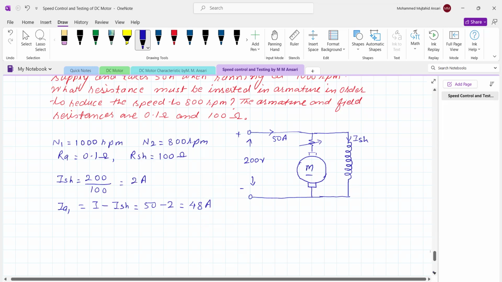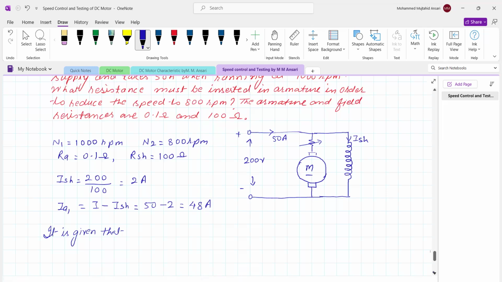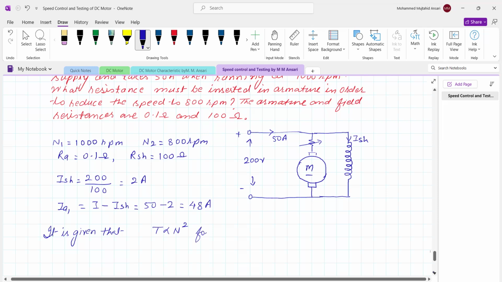Now what is given? It is given that the torque varies as the square of speed.